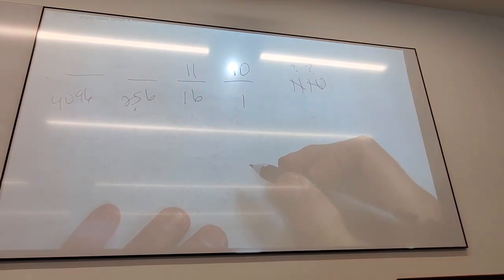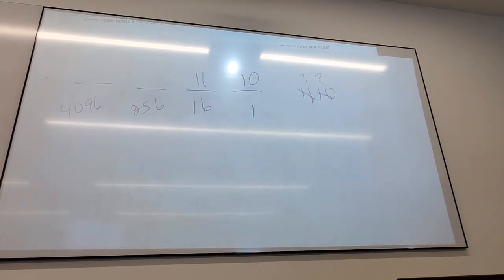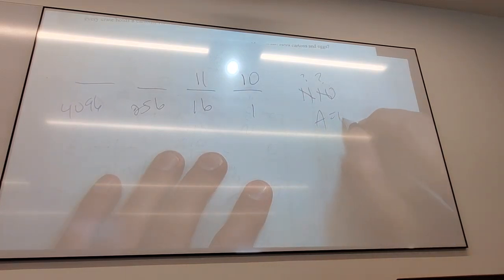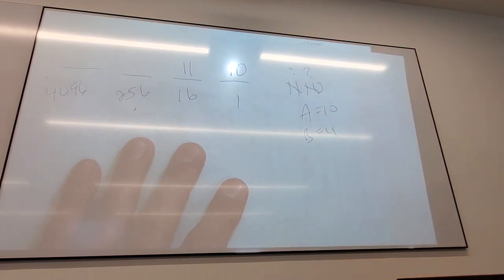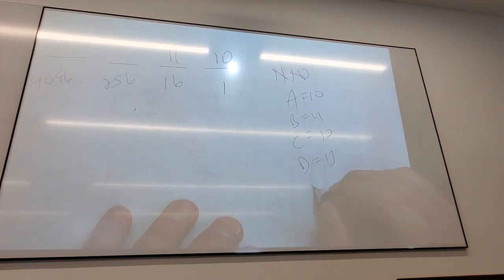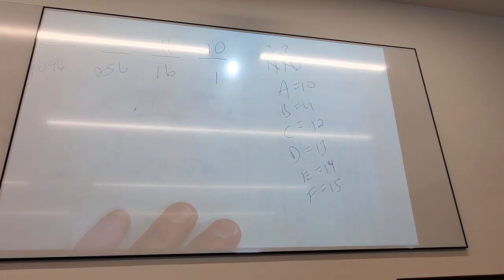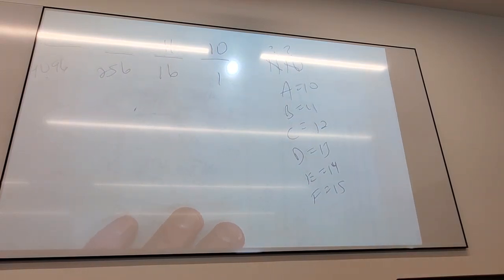So what we do is so smart. We say, we ran out of numbers, let's start using letters. So we say, A means 10, B means 11. How far do I have to go for base 16? C means 12, D means 13, E means 14, F means 15. Do I need G?